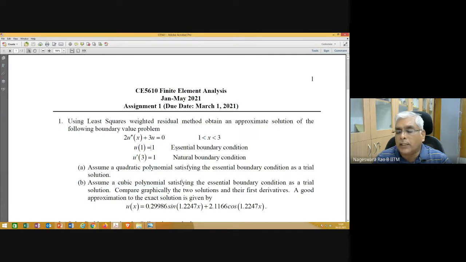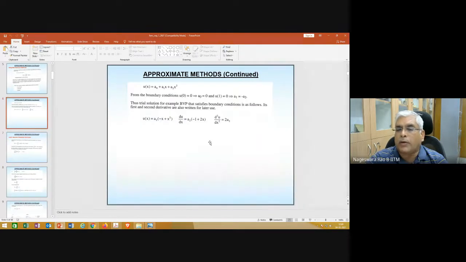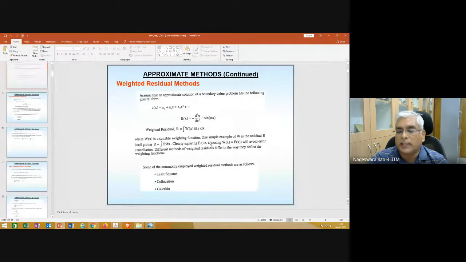Essential boundary condition you need to use, make it admissible, and proceed as you did in this example problem. If you had understood this example problem clearly, as you did here, you need to do, except a small change is going to be there. Here, please note that both the boundary conditions are essential boundary conditions.